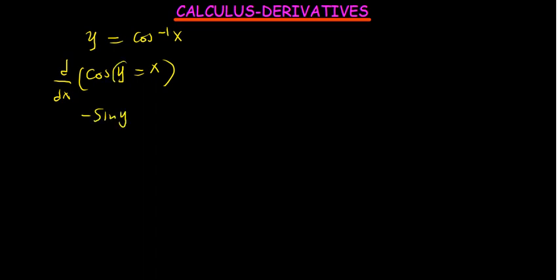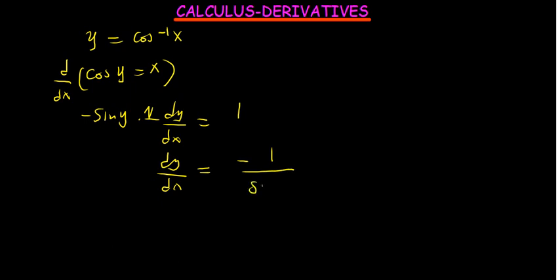After we differentiate cos, we differentiate y, which gives us 1. And every time we differentiate y, we add dy over dx. Differentiating x gives us a 1. So dy over dx, dividing both sides by negative sin y, will be negative 1 divided by sin y.